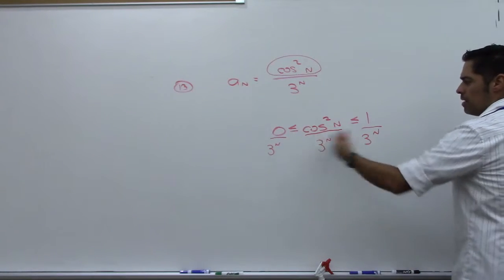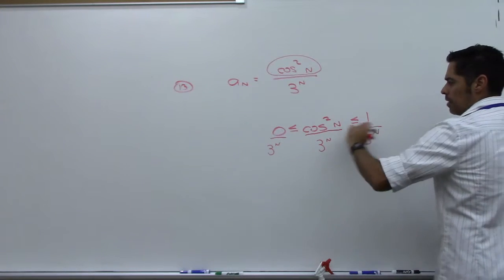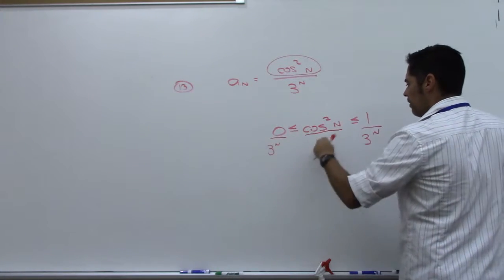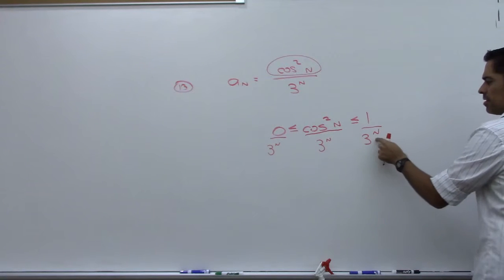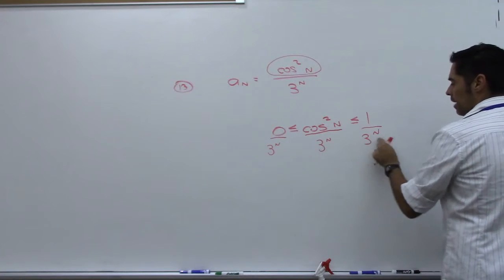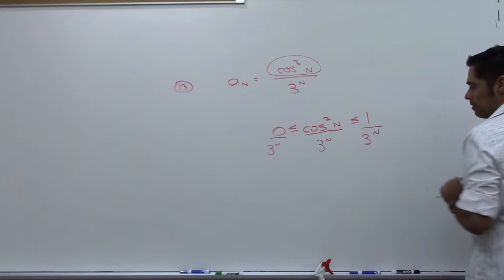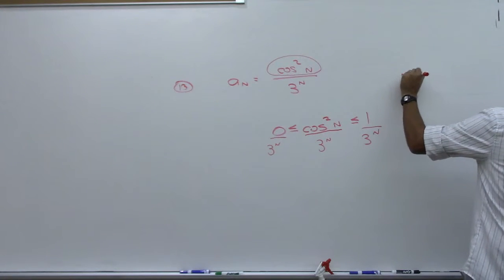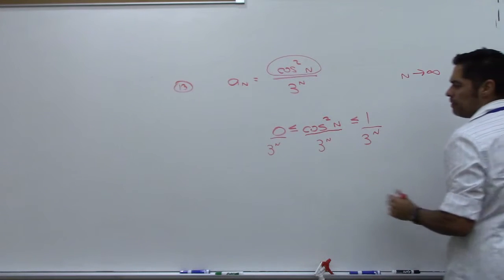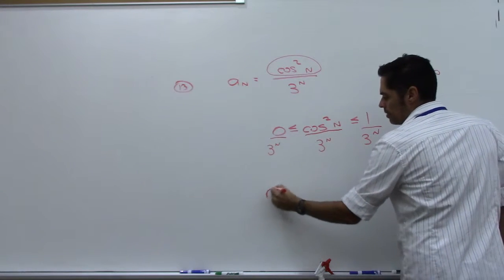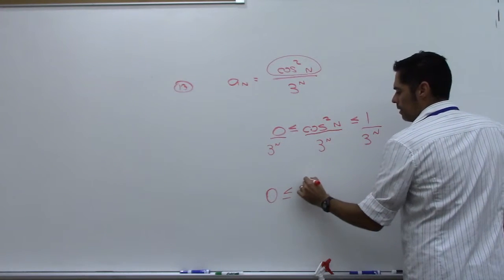So this inequality holds true, right? If the original inequality was true, then if I divide everything by the same thing, it should hold true, as long as this is a positive number. 3 to the n is positive. So if it were a negative number down here, it would flip the inequalities over. But now let's let n go to infinity. If you let n go to infinity, well, 0 over anything is 0. N goes to infinity here.